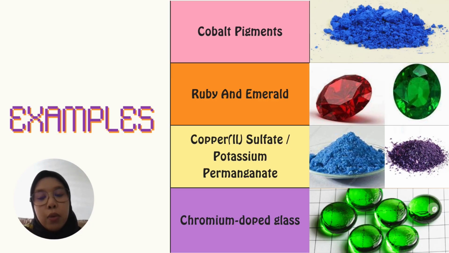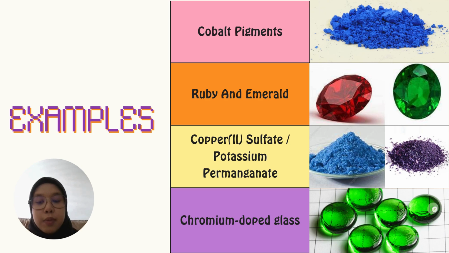Ruby color is red while emerald color is green. The base crystal is colorless, but a small amount of transition metal ions absorb certain wavelengths of light, giving gemstones their color.